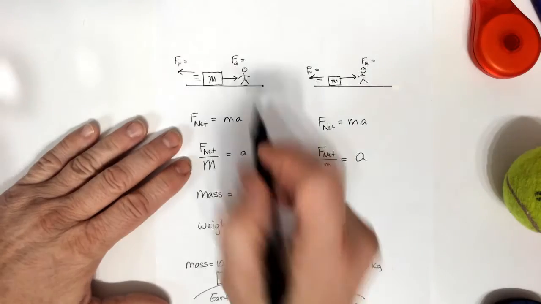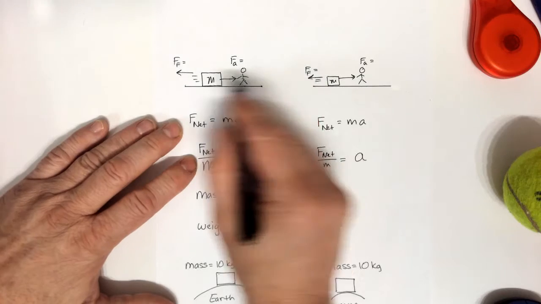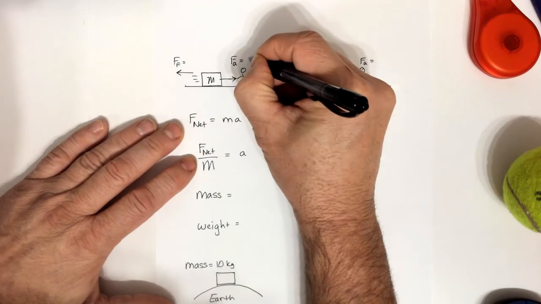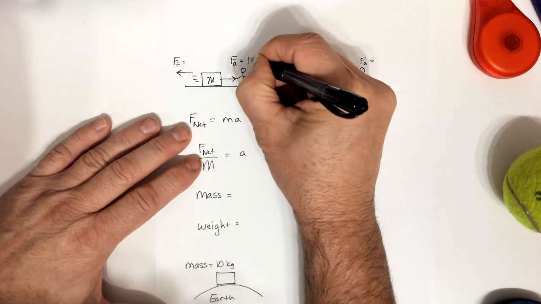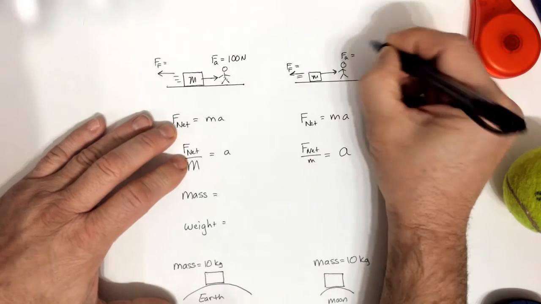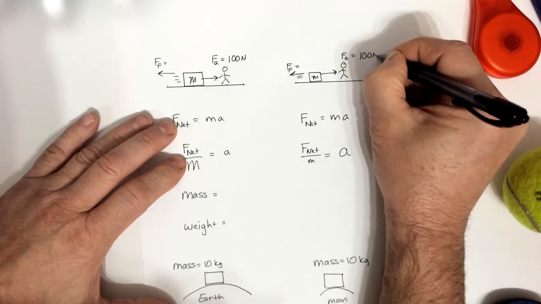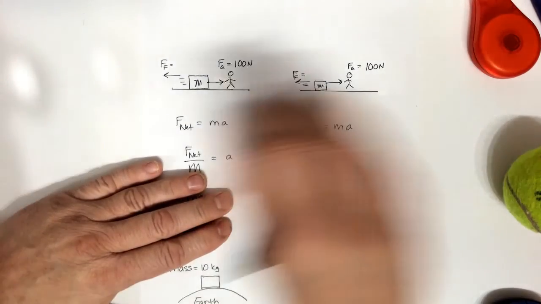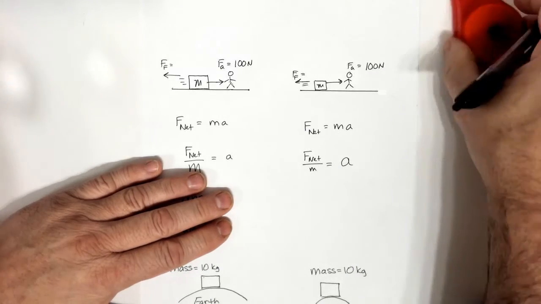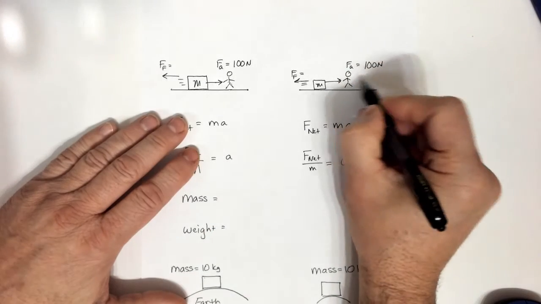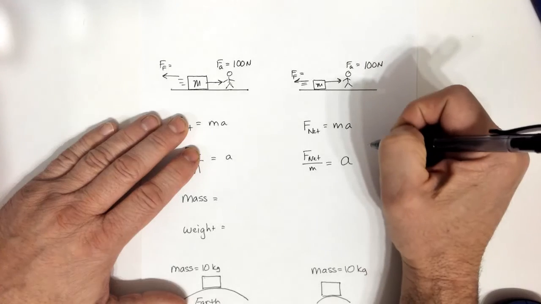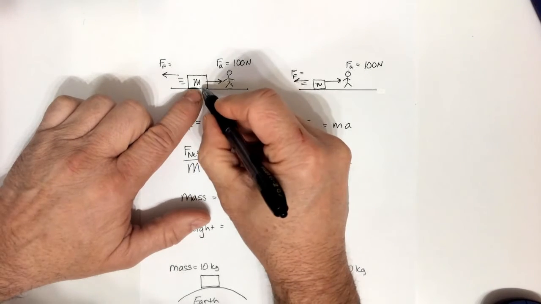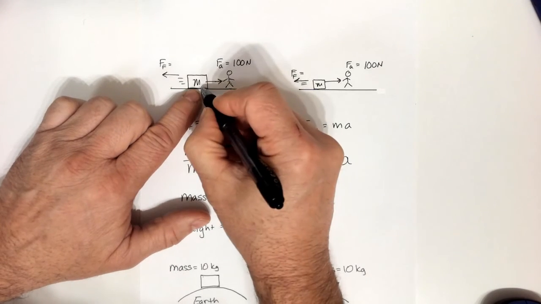If you're pulling on an object, let's give an example of 100 newtons in both cases. Okay? And with those 100 newtons, you're pushing, you're pulling, so it's a force of tension or applied, it's okay. And we have a small mass and a large mass.